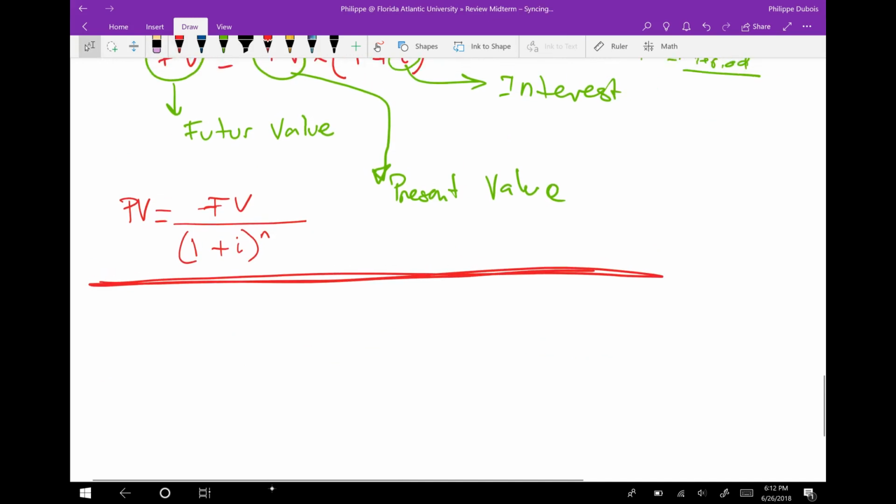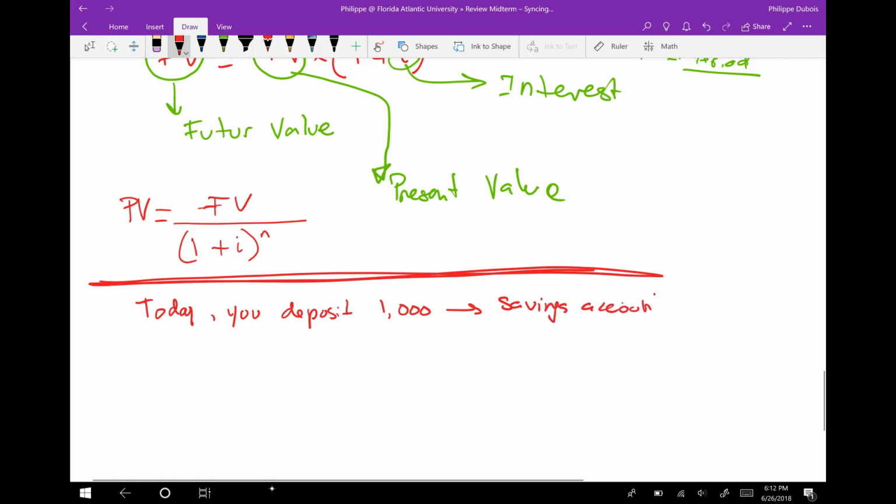Let's say that we want to find the future value. Let's say that you deposit today $1,000 in a savings account that pays you 3% yearly.